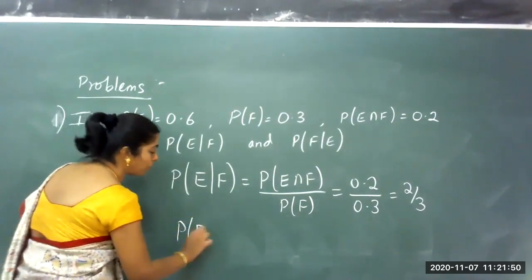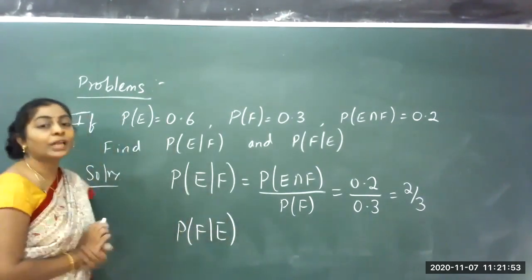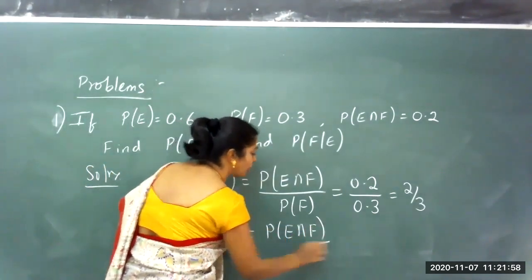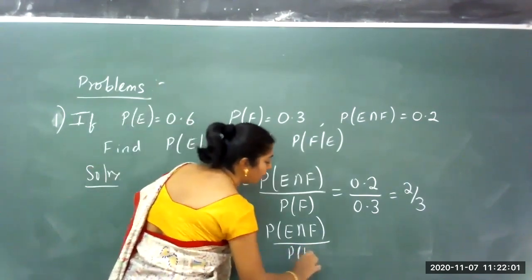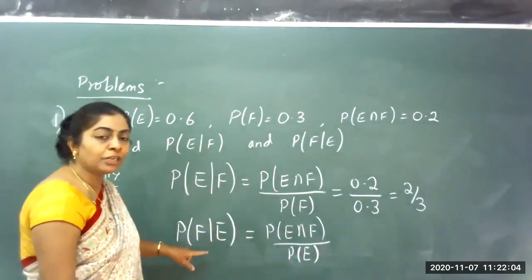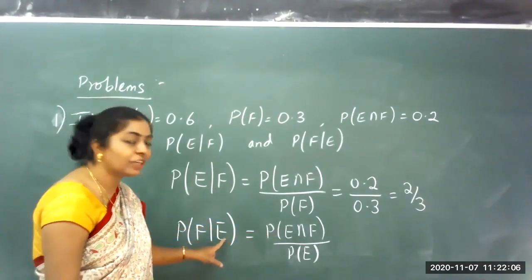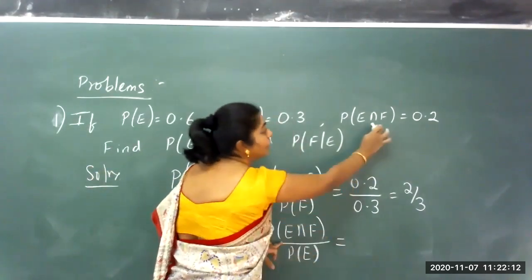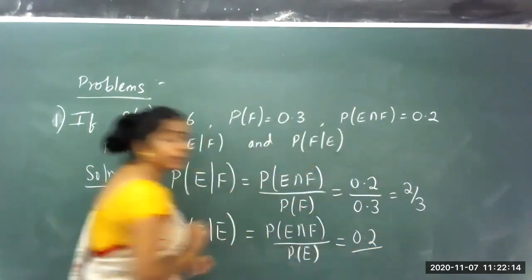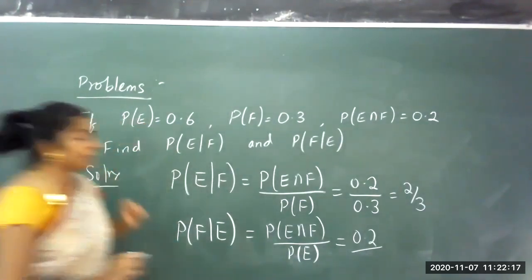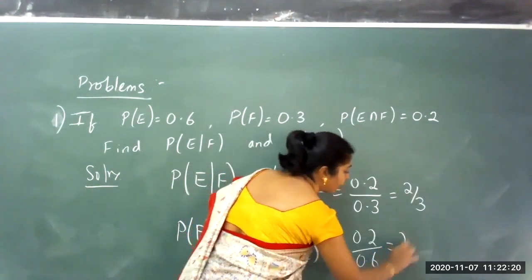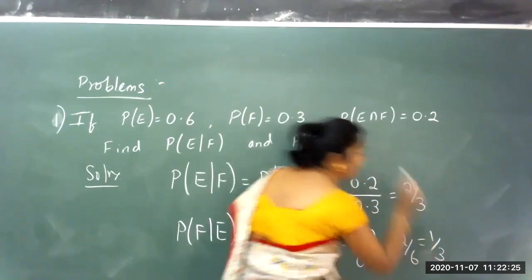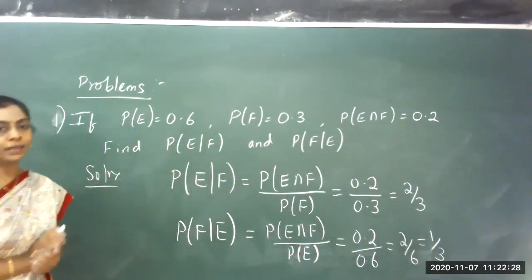Then the conditional probability of event F when E has occurred is given by the probability of E intersection F divided by the probability of E. Substituting, 0.2 divided by 0.6. Again rearranging the decimal places, I get 2 by 6, and cancelling the common multiple, I get 1 by 3.